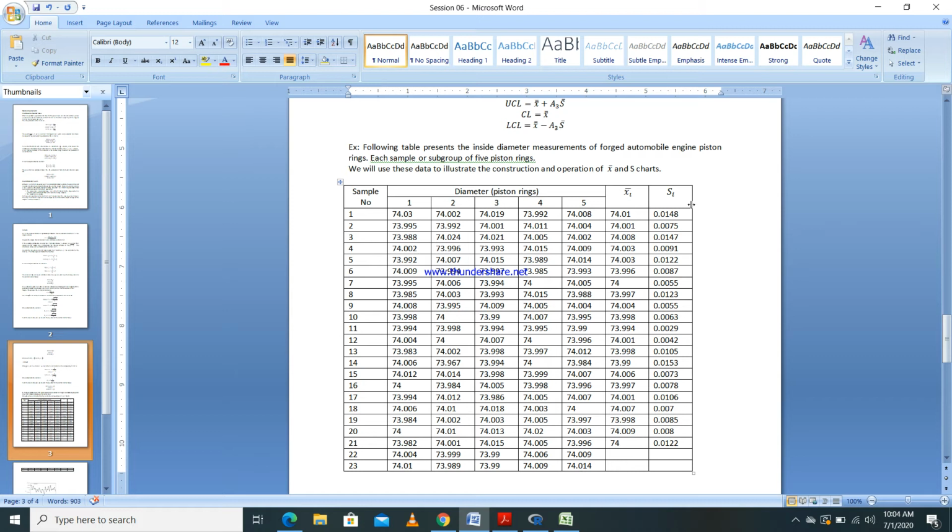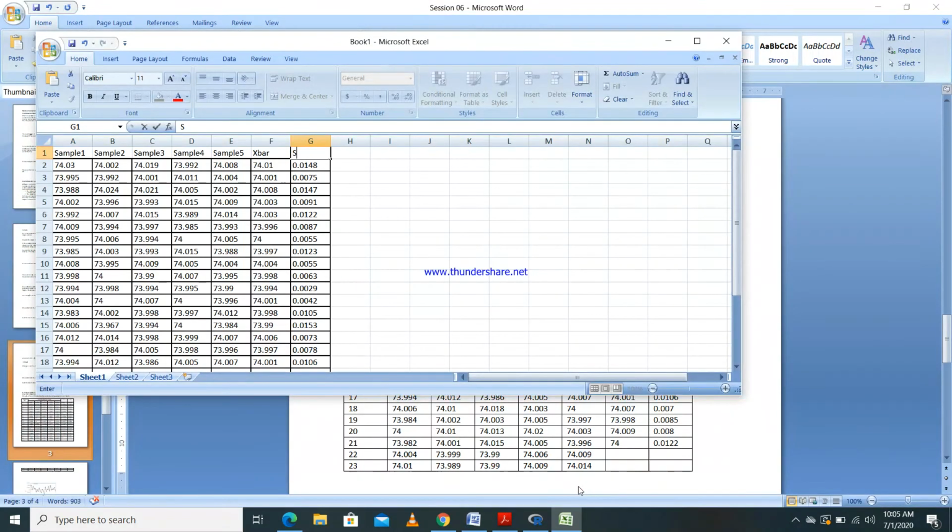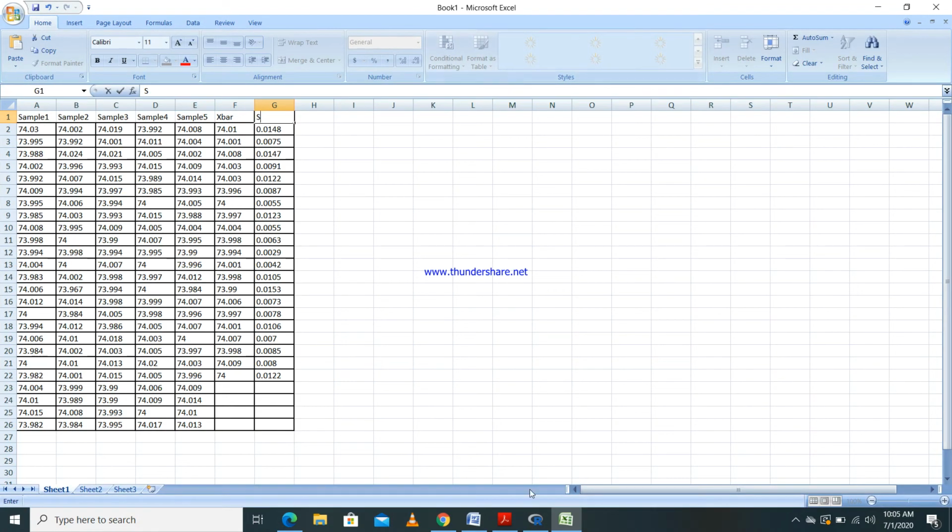Right? So what you have to do here is, if you are going to do this manually, I have copied all these values into an Excel sheet.